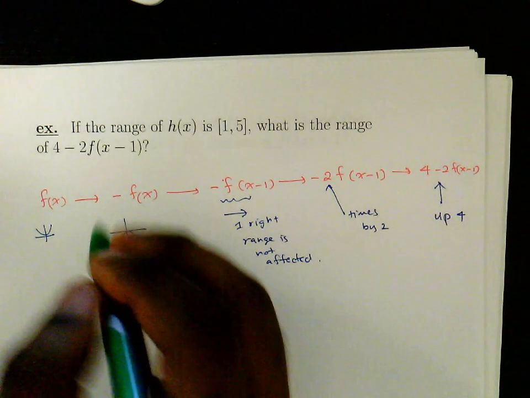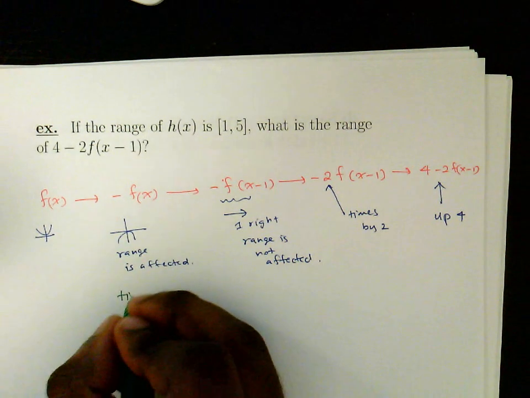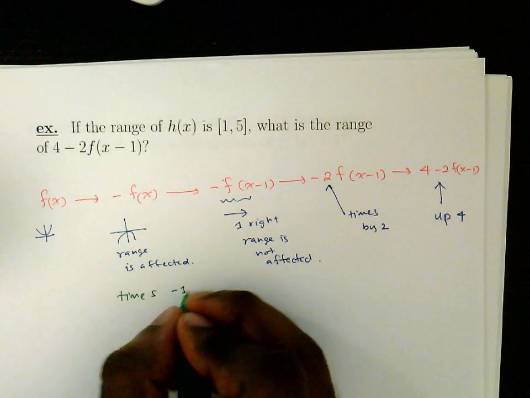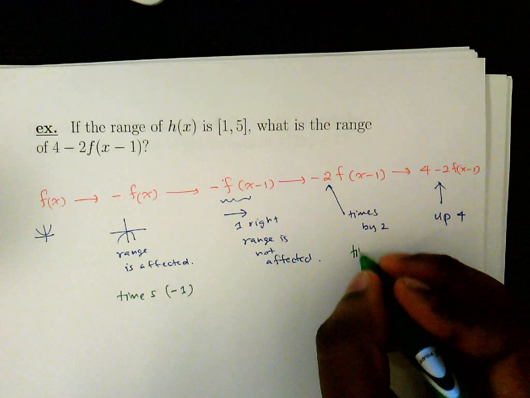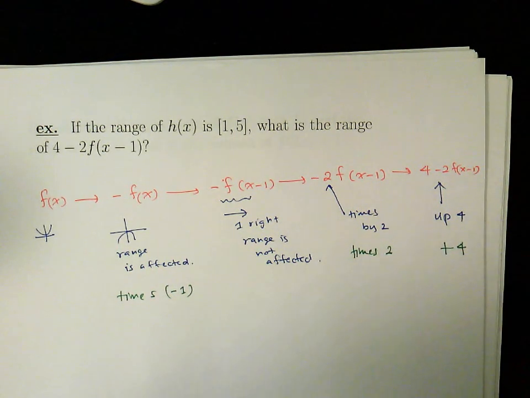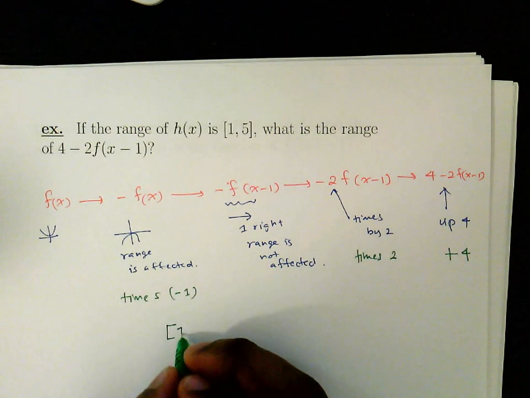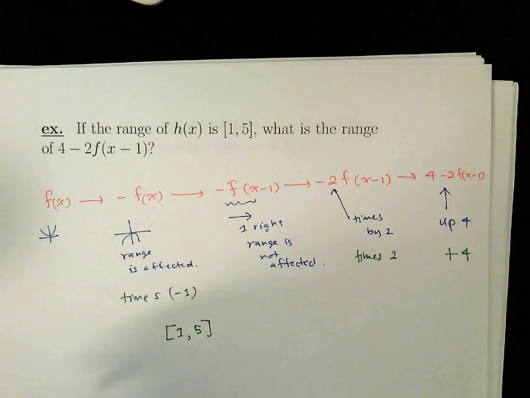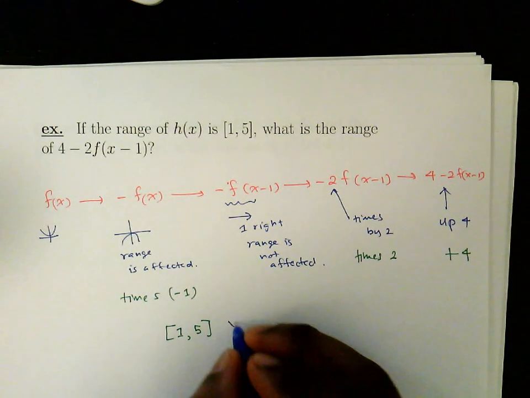So what happens here? Times -1, times 2, add 4. So let's do that to the endpoints. So we had 1, 5, times -1.